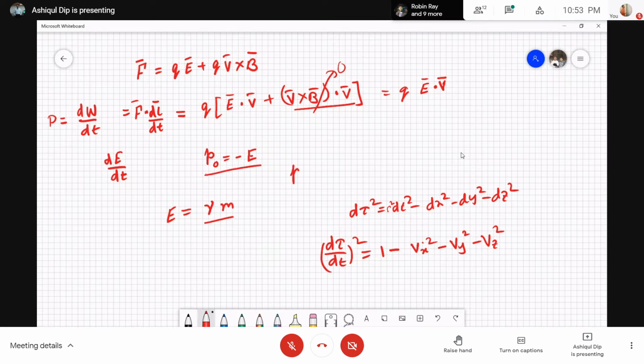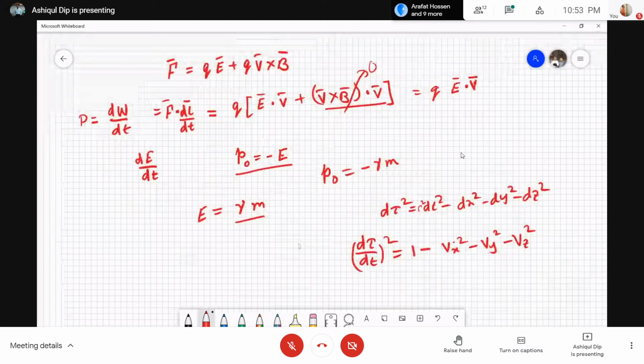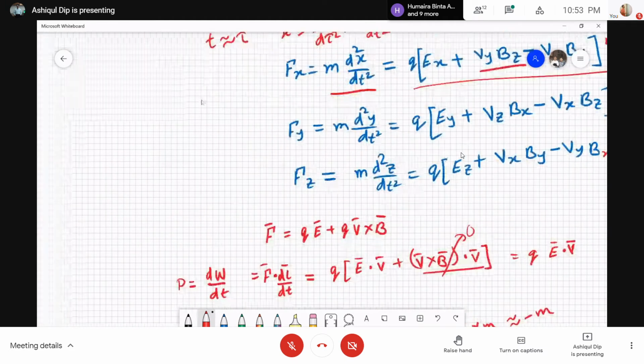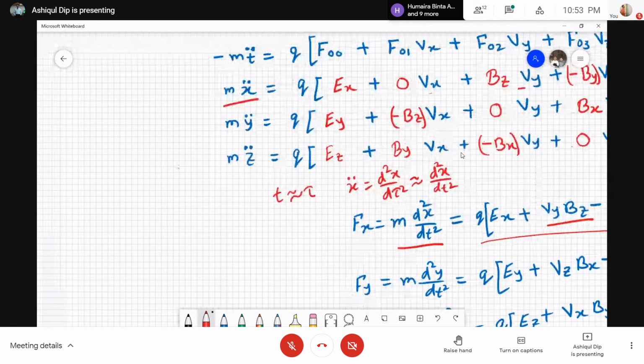So our P0 is nothing but negative gamma m, right? So for low velocity, it's approximately equal to negative m, which is a constant thing. It doesn't change much.